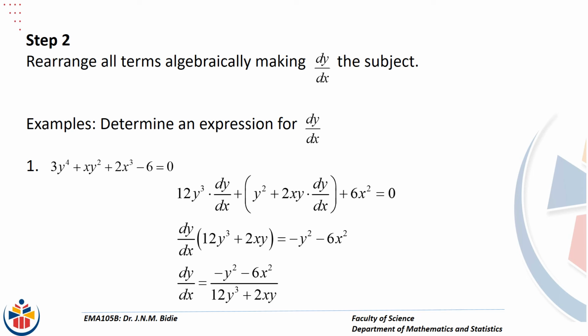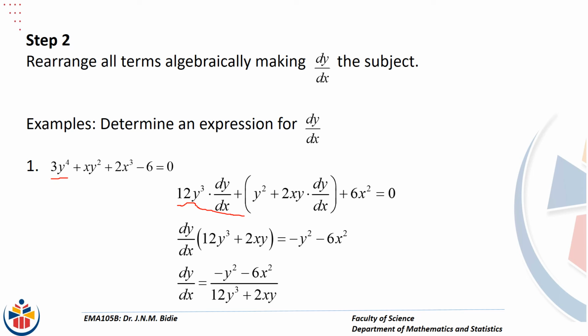Let's do this again. Derivative of 3y to the power 4, we do it using the chain rule. It's 4 times y to the power 3, and the 4 multiplies the 3 that we had there. That's why we have 12. But then we have to remember the derivative of y is dy over dx, because y is also a function of x.